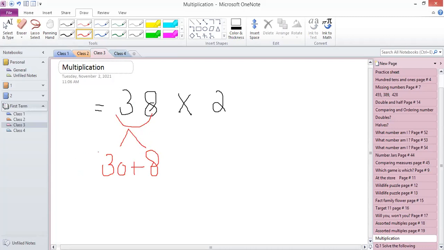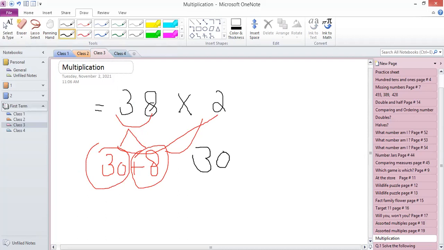Now, one by one, you will multiply this by 2. So it will be 30 multiplied by 2 plus 8 multiplied by 2. If you make a partition and then multiply, what will be the benefit for you?